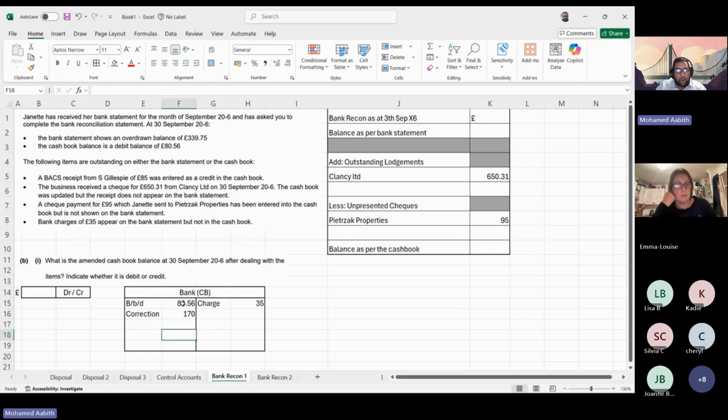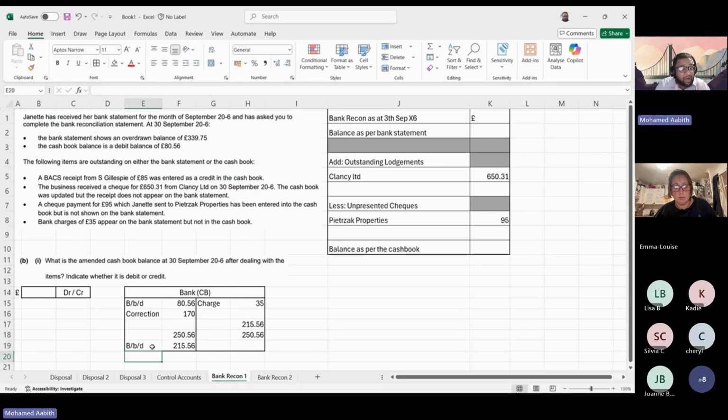So here, the total for this is going to be £250 and 56. So the balance carried down is going to be equal to that minus that, and then equal to that figure. This is my new balance brought down for the cash book.